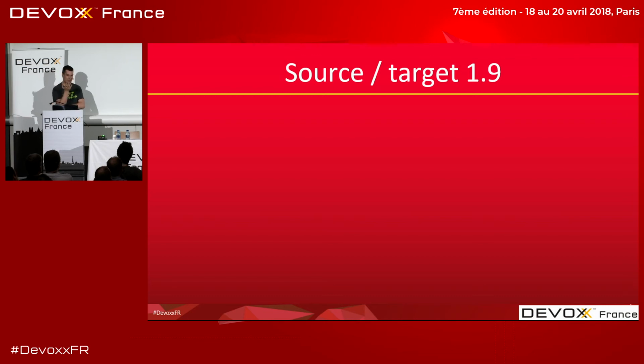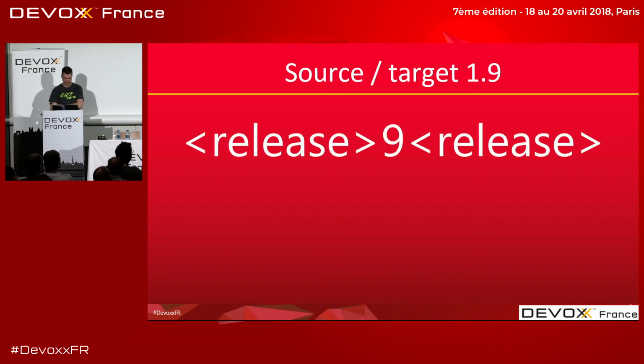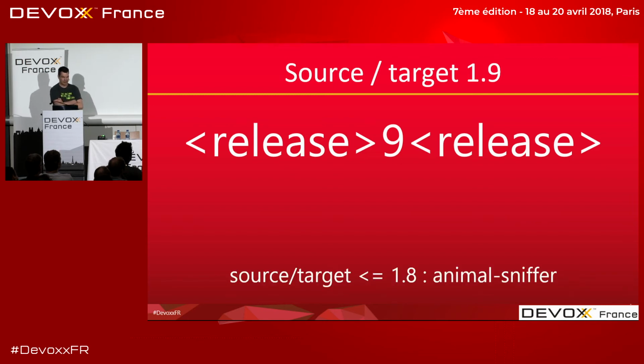And Java 9 came with this great improvement by introducing release 9. And this is in the end almost the same as source and target 9, but it's even stronger. It's actually based on a library that we use quite often within Maven, and that's called the Animal Sniffer.